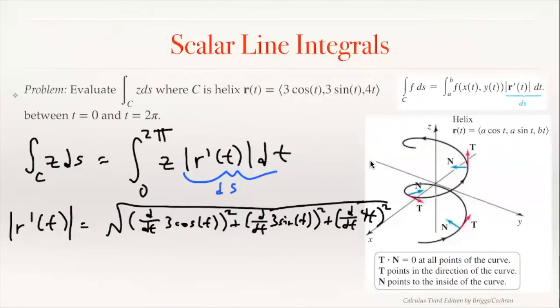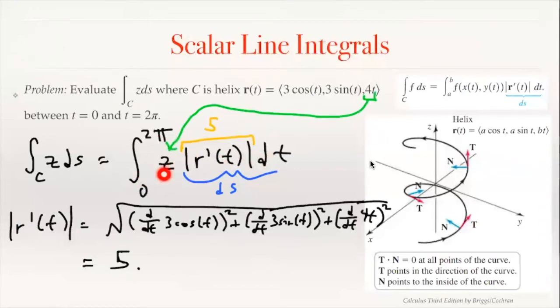The magnitude of r prime of t is the square root of the sum of the squares of the derivatives of the components. We computed this for the same example earlier in the class, and one ends up getting root 3 squared plus 4 squared, which is 5. Okay, so this is 5, and z is 4t, and then it becomes a relatively simple Calc 1 integral.